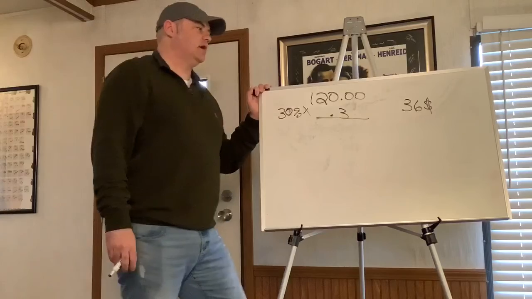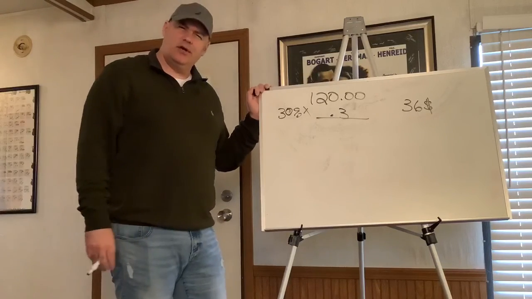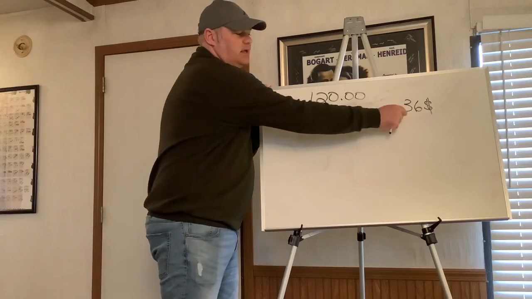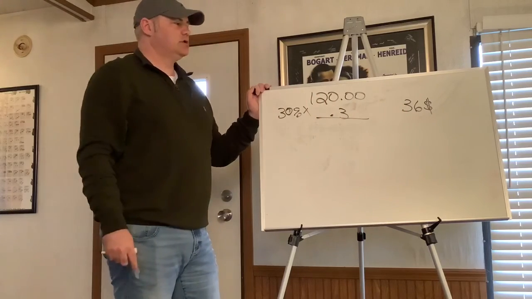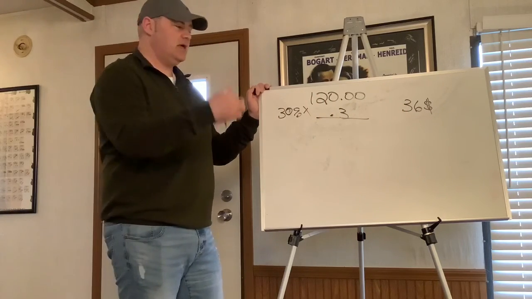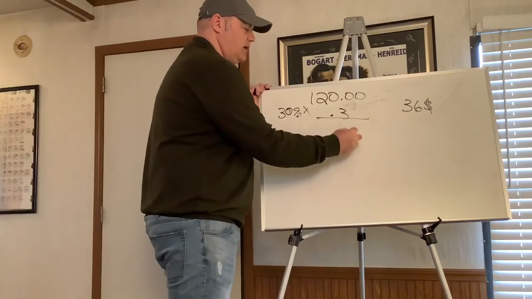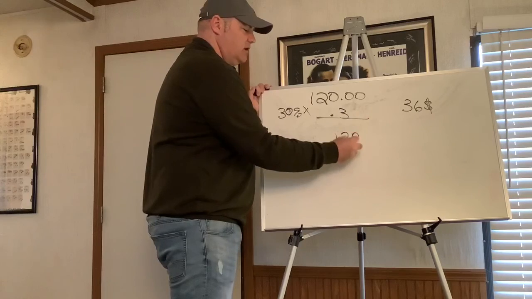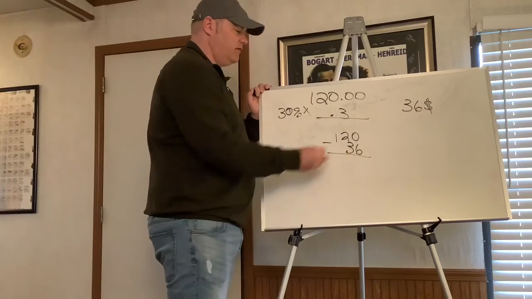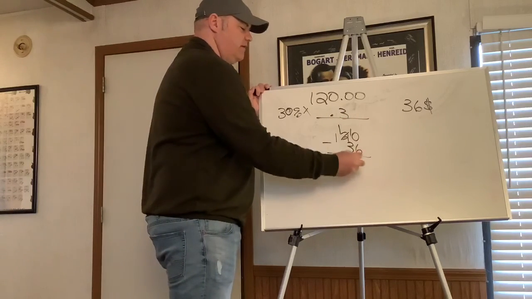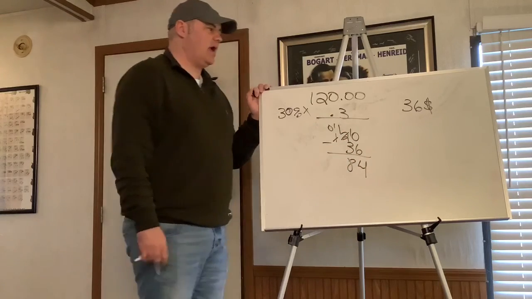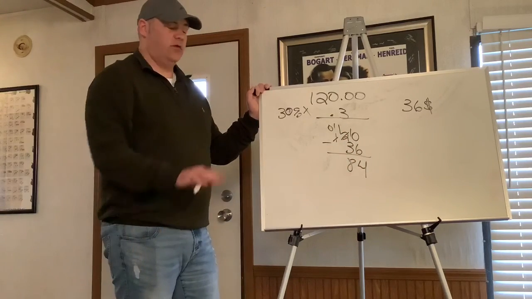Does that mean I'm paying $30 or $36? No, this is how much I am getting off of the item. So to figure out what I'm going to have to pay, I take the original price of $120 and subtract how much I get taken off. I take this off, and I'm going to be paying $84 before tax.